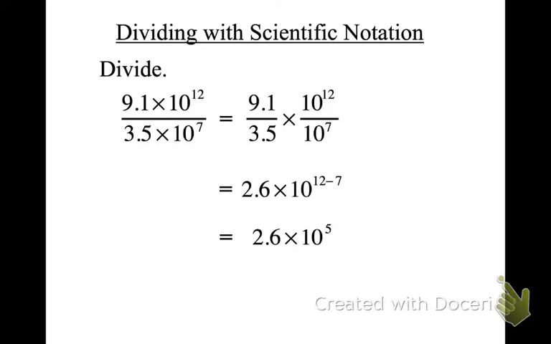So you just divide the decimals and divide the common bases together. Well, we're really subtracting their exponents. Okay? Any questions? Yes. So this you turn into scientific notation? Is this in scientific notation? Yeah. I thought you meant like with the zeros and stuff.